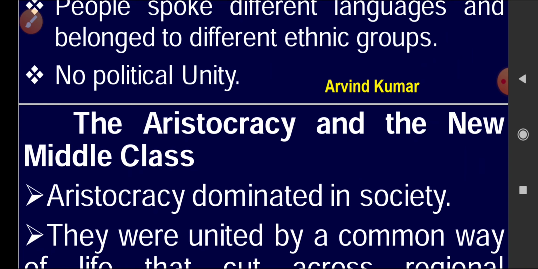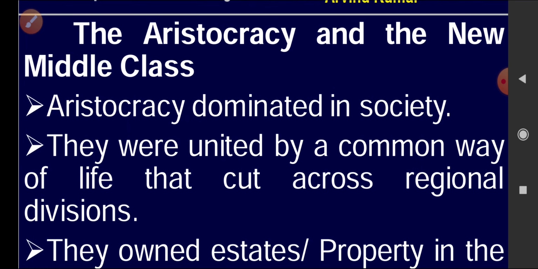Next, content 2.1 of this chapter is the aristocracy and the rise of the middle class. Aristocrats were the people who dominated society, who were rich people, who were close to the king. They had all the powers in their hands. They were united by common ways of life that cut across regional divisions.